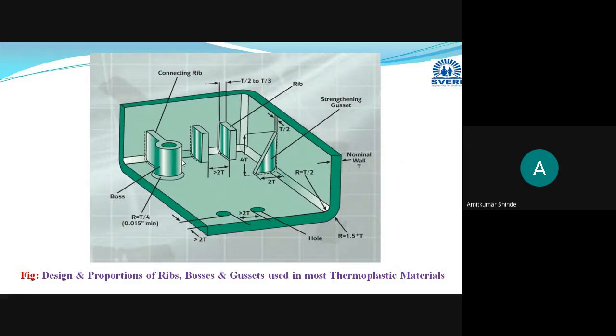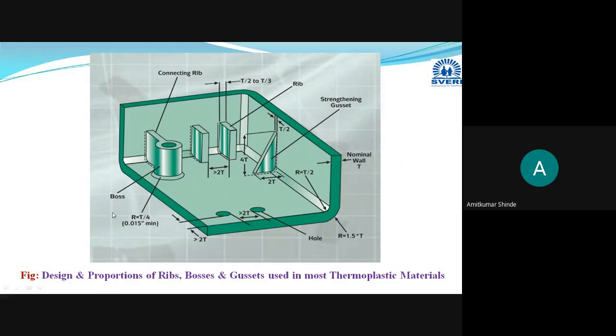If you want to join one plastic part to another, then screws are required. If you have seen your mobile body, or any kind of electrical equipment, like switchboards and all this.